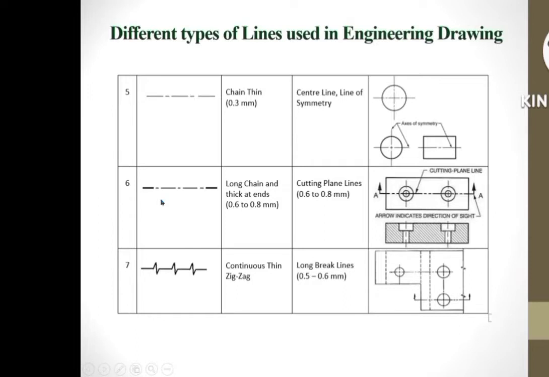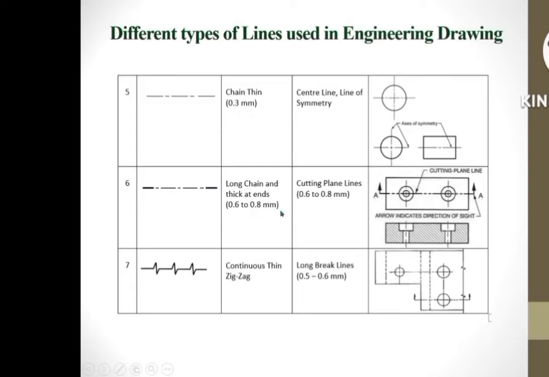Then line number 6, long chain and thick at ends, with a thickness of approximately 0.6 to 0.8 millimeter. It is drawn similar to chain thin line, a long line and a small dash alternate, and at the ends the line is thicker.